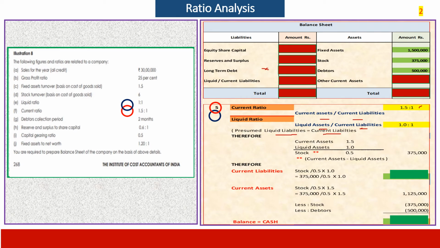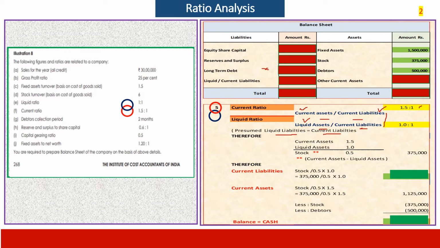Once both are equal, current ratio means current assets by current liabilities, and liquid ratio also means liquid assets by current liabilities. Since the denominator is the same in both equations, we will focus only on the top because the base is the same. Current assets and liquid assets.